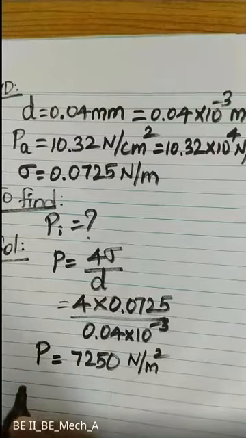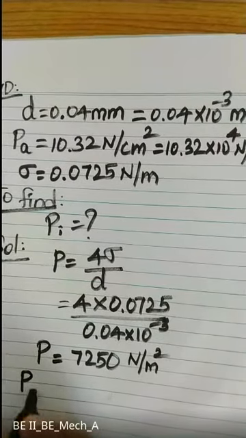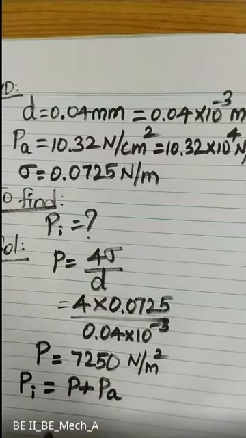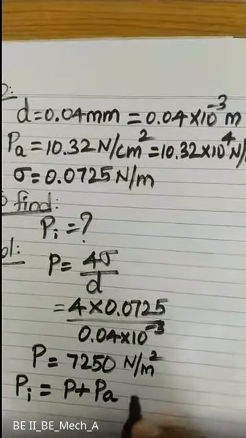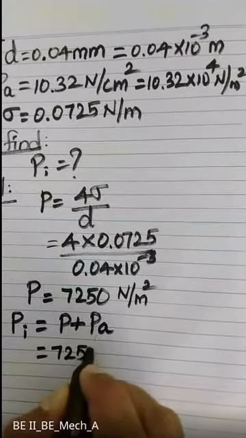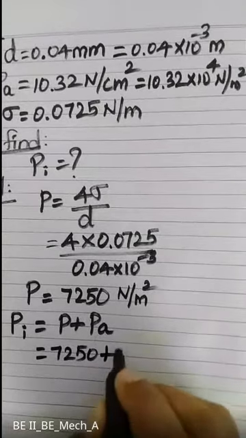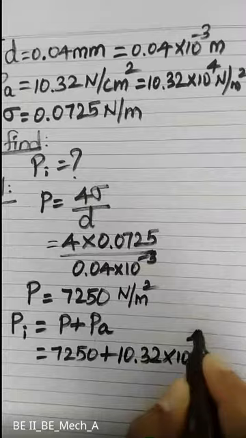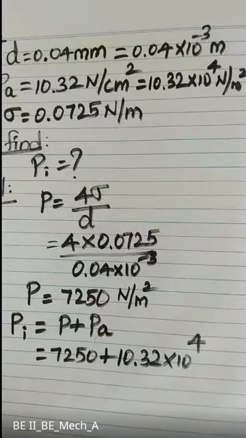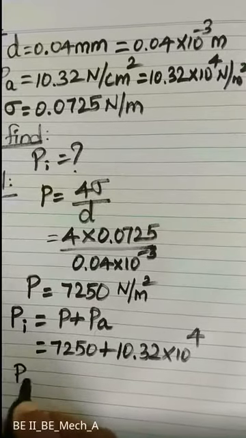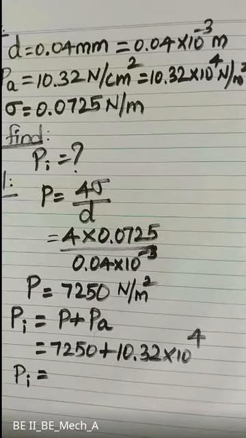Okay, so the pressure inside the water droplet is equal to P plus PA. The value of P is 7250, and PA is 10.32 into 10 to the power 4. Then what will be the value of this inside pressure?